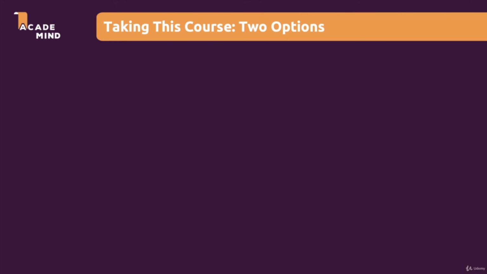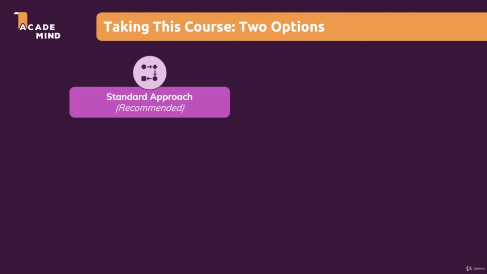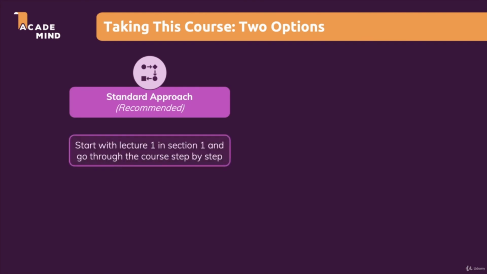Now, for this course, I got two different approaches, two different options for you on how to take this course, how to go through that course. The first approach, which is the recommended one, is the standard approach. With this approach, you simply start in lecture 1 in section 1.